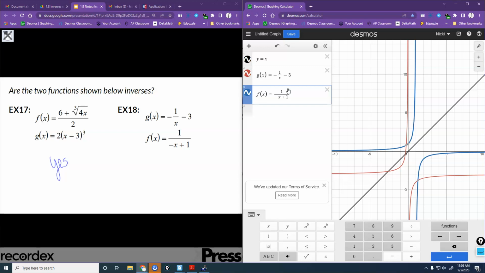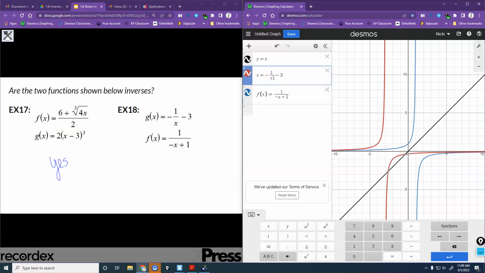Oh, to me that one's hard to tell, but I don't think so. It looks like stuff is too close to this and not over here. But if you want to know for sure, take one of them, doesn't matter which one, turn that into an x, turn this into a y. Are they the same graph if we do that? They are not, so that would be a no.